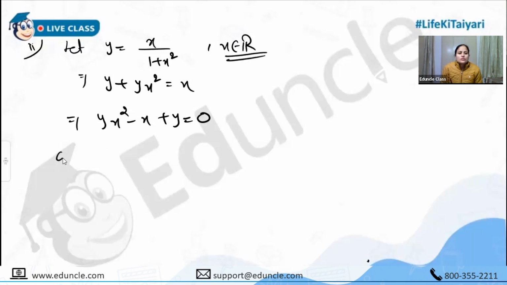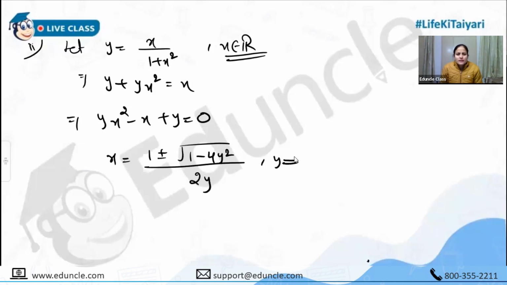I have y in terms of x, so I want x in terms of y now. We can find x in terms of y by using the quadratic formula: minus b plus minus square root of b square minus 4ac divided by twice y. As x is real, y is never 0 here; we will skip that.